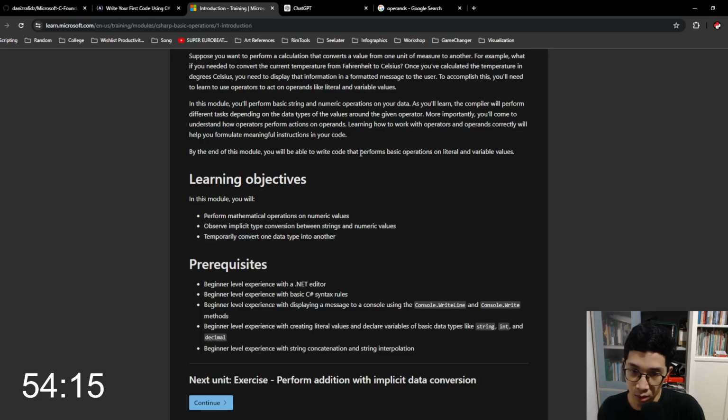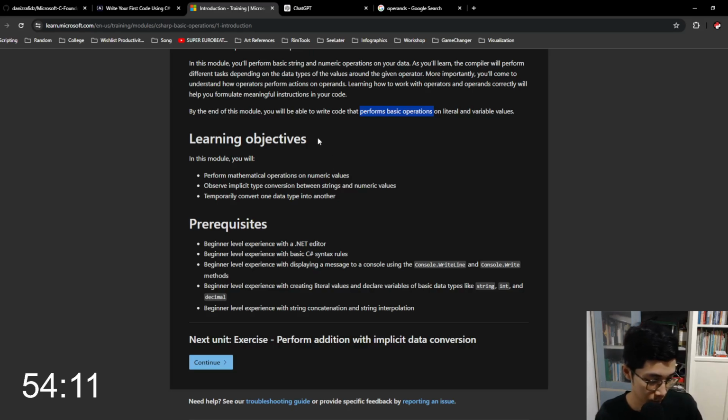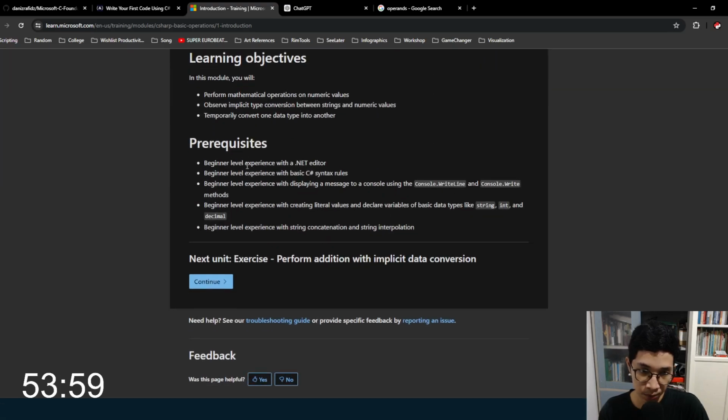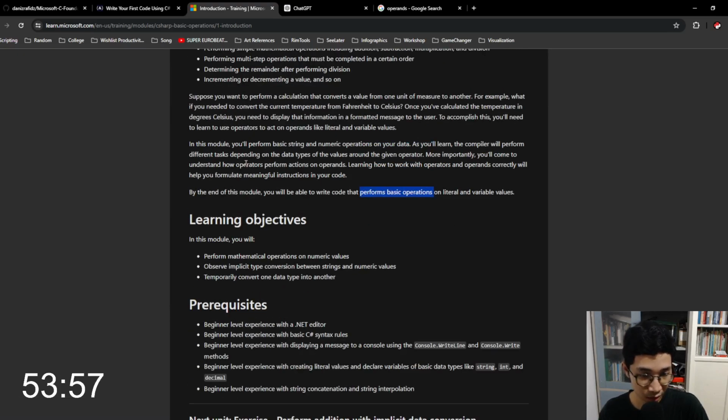Okay, so this is the keyword: perform basic operation. You have to be professional on it. I think you guys all have high school basics of mathematics, so you will be fine and understand this module, because it's pretty easy for me as a college student who has pursued elementary school, junior high school, high school, and now college.